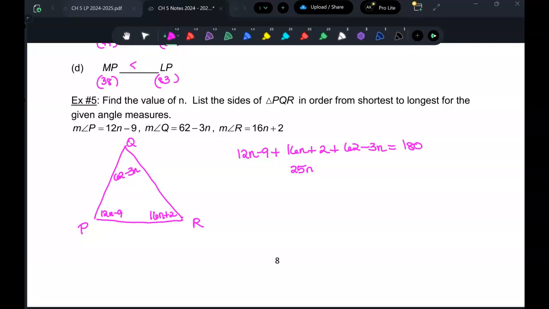Minus 9 plus 2 plus 62 is 64 minus 9, which would be 55. So 25n equals 180 minus 55. And that conveniently works out to be a whole number, 5.